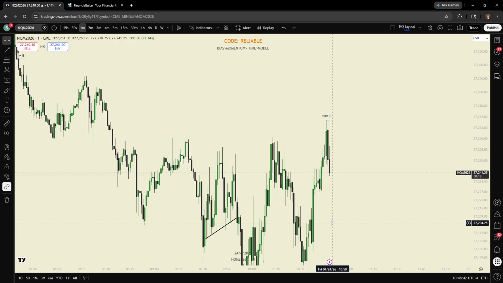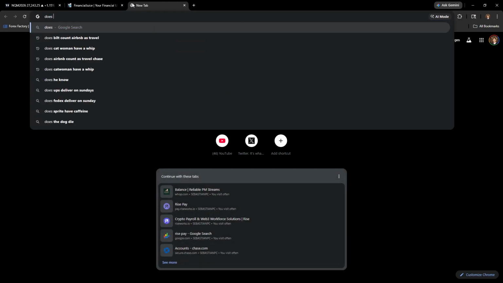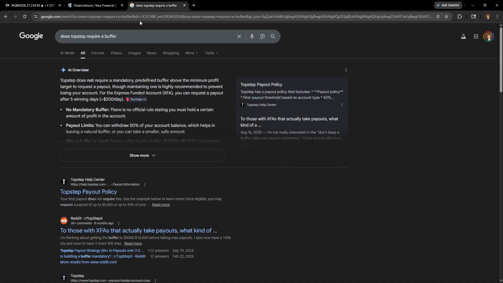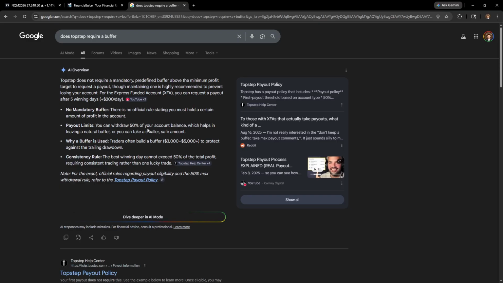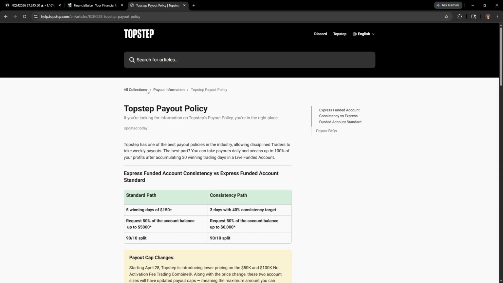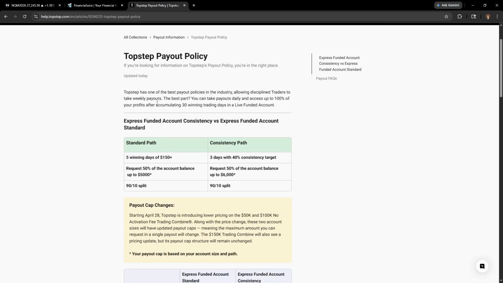Wait, one more thing. I want to talk about the Topstep update real quick. A lot of people are complaining about the Topstep update, but to be honest, the only way I'd trade Topstep at this point would be if I was trading like 100 million in funded accounts across 500 accounts, then maybe I'd add like 5 accounts to the mix for Topstep. That's the only way I'd probably trade it now.